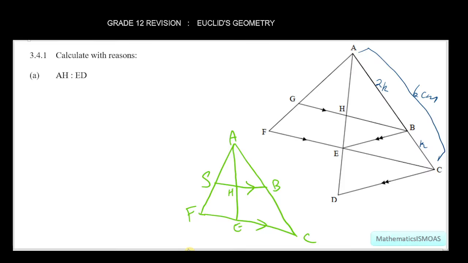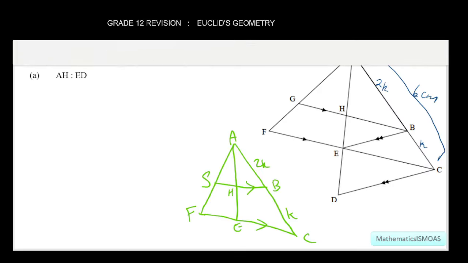We know that AB is 2K and BC is K. So from there, I'm going to get the ratio AH to HE, then in a way I'll be able to get the length of AH in terms of something. All right, let's do that.